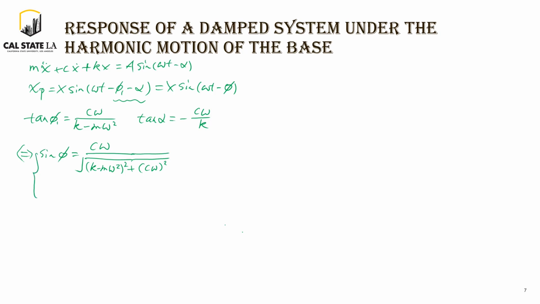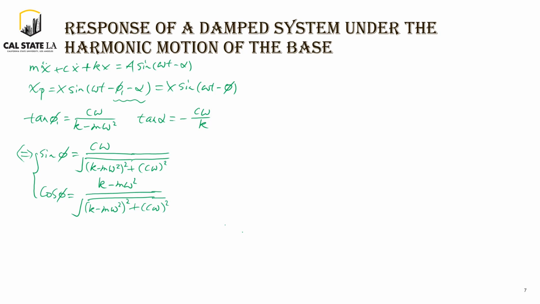And at the same time, cosine phi 1 is equal to the other part, k minus m omega squared over the same thing, the square root of k minus m omega squared, squared plus c omega squared.